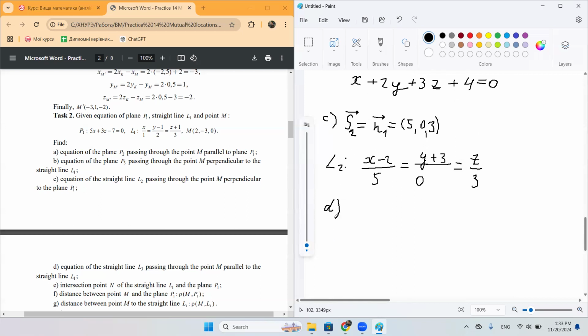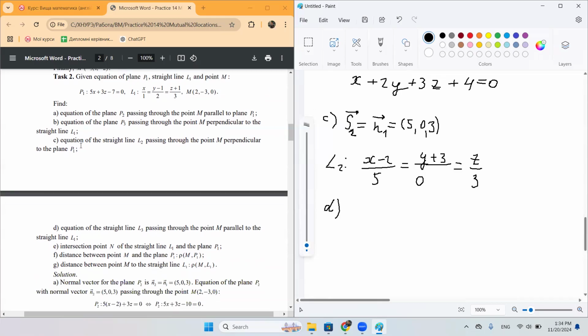And for part D, we need to find the equation of the straight line L3 passing through the point M, and it is parallel to the straight line L1. So the direction vector of L3 matches L1 because it's parallel. So it equals 1, 2, 3.